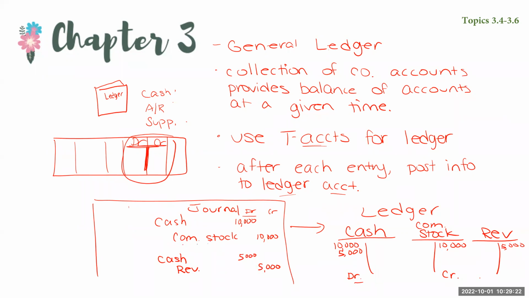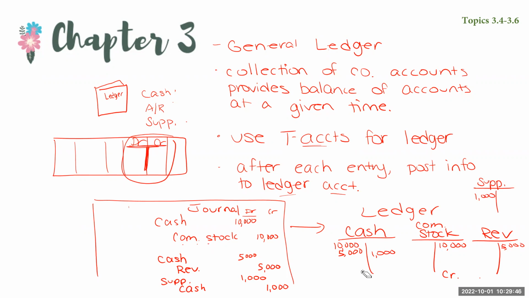Of course, we would have explanations. Let me show you one more. Let's say that we buy some supplies with cash, 1,000. Now cash is on the credit side, so keep it on the credit side. Supplies, 1,000.